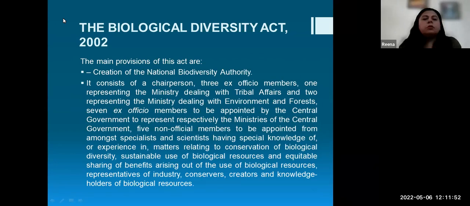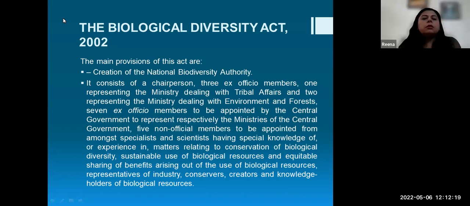It came into picture in 2002, and the members of the authority have the benefit of sharing rich knowledge and experience in matters related to conservation of biological diversity and ensuring areas which are high in biological diversity.